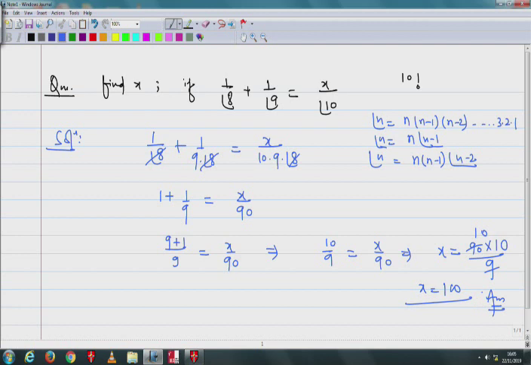Copy it. And if any doubt, let me know, Lahnam. Okay. Copy it, take your time. And you should also realize why we have not done anything with 8 factorial, right? Because 8 factorial is something which will be there in each and every number, whether it is 9 factorial or 10 factorial.